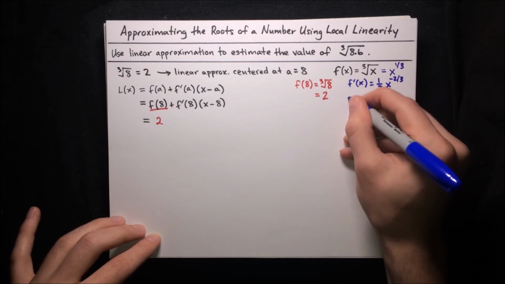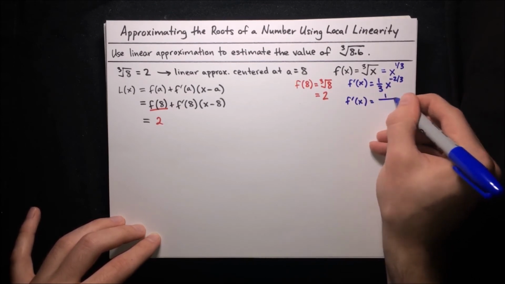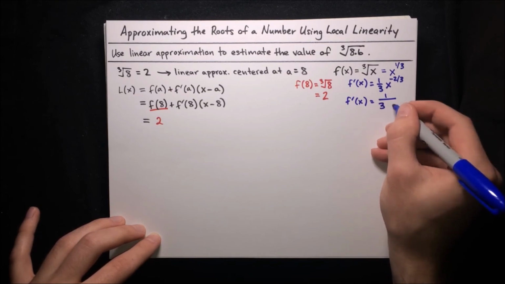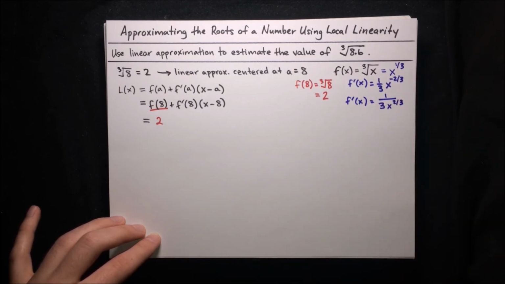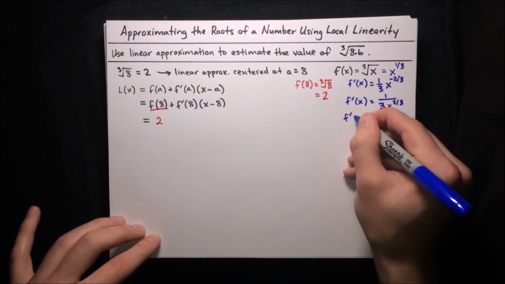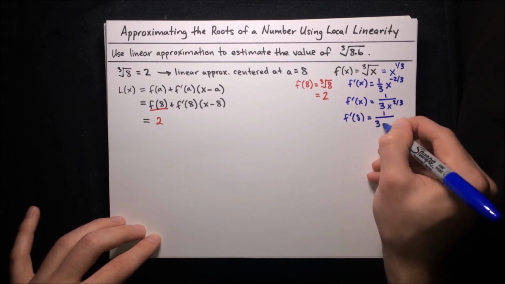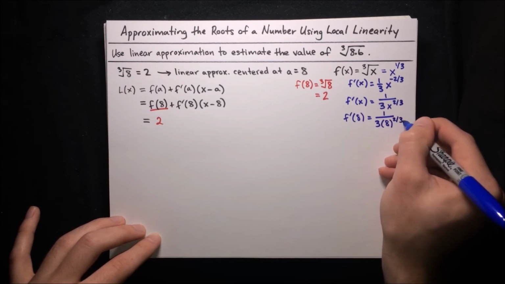So simplifying, we have that f prime of x equals 1 over 3 times x to the 2/3. Then we plug in 8, so f prime of 8 equals 1 over 3 times 8 to the 2/3.